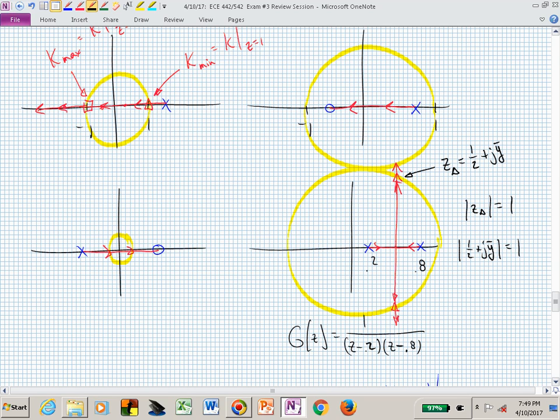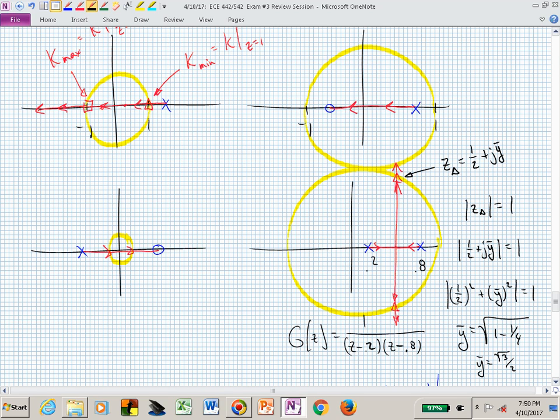Or 1/2 squared plus y bar squared is equal to 1. Or y bar is equal to the square root of 1 minus 1/4. Or y bar is the square root of 3 over 2, or 0.866. So now I know what y bar is.